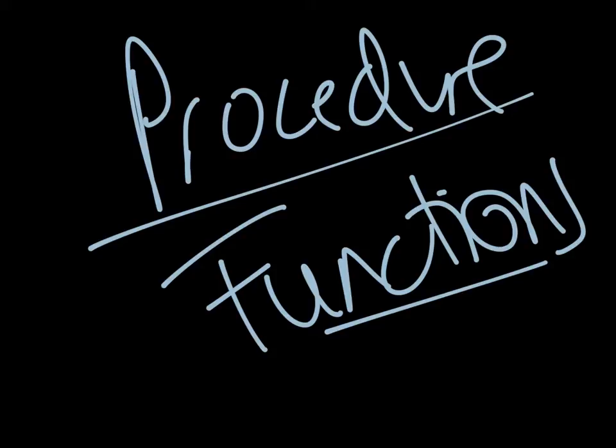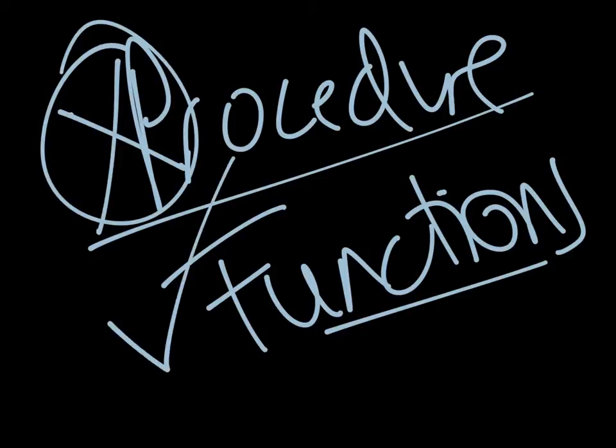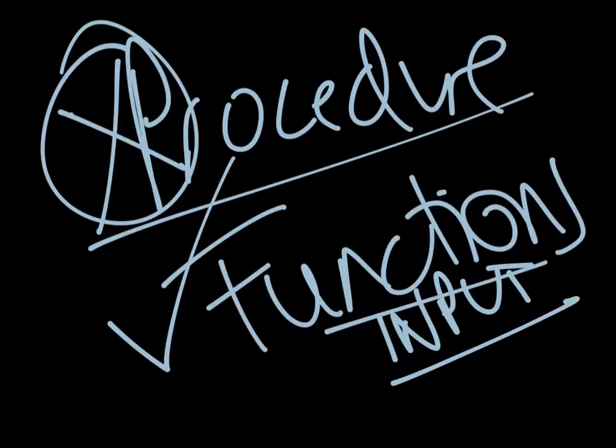use in this. So some differences between functions and procedures. A procedure does not need a return value, whereas a function must have a return value. Both capable of a function must have at least one input parameter, whereas a procedure doesn't actually require any parameters at all.